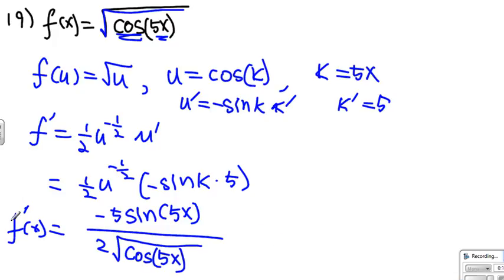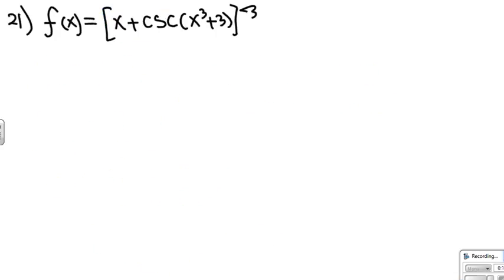All right, now let us look at the next question. Here we in fact have many layers. The whole entire expression to the negative third power is one thing, the second thing is the cosecant, and the third thing is the one inside. So if you had to write it, f of u would simply be u to the negative 3 power.